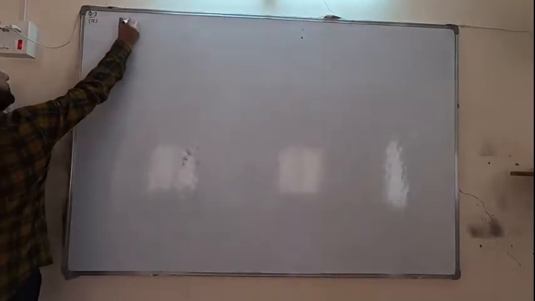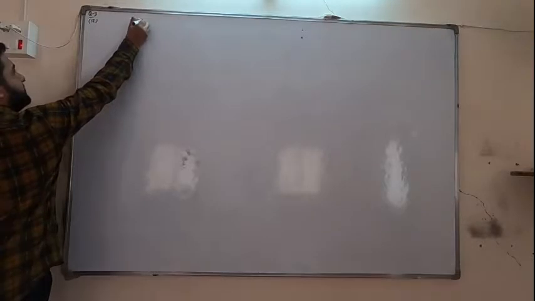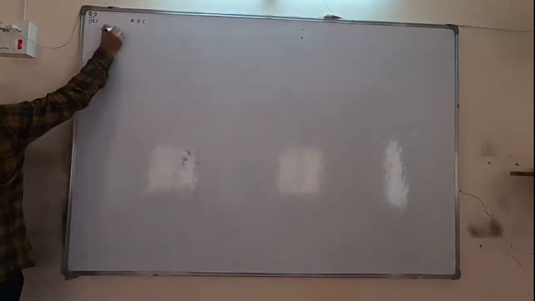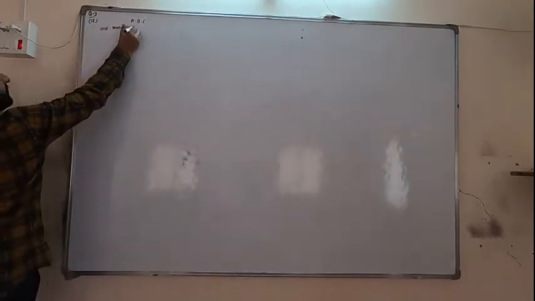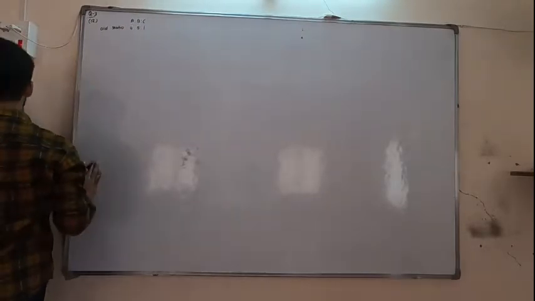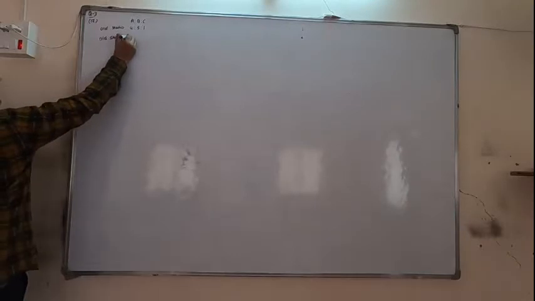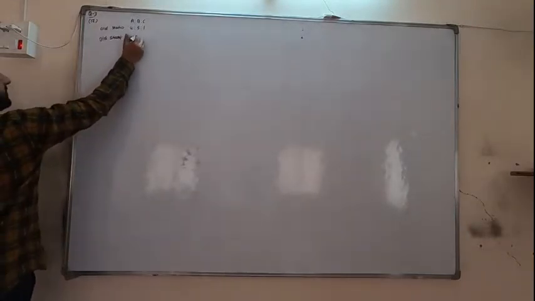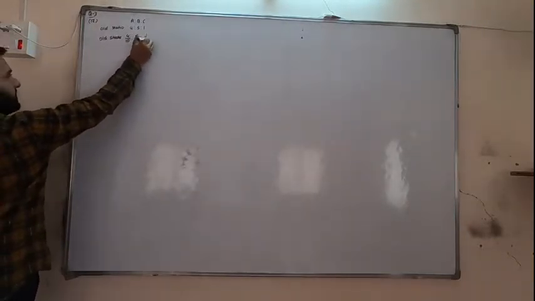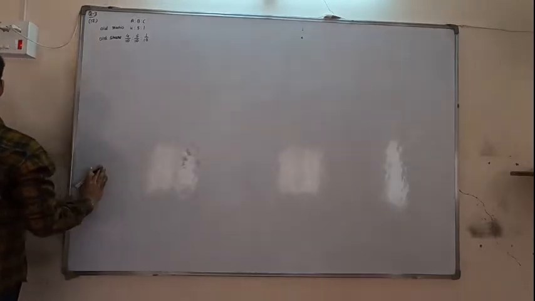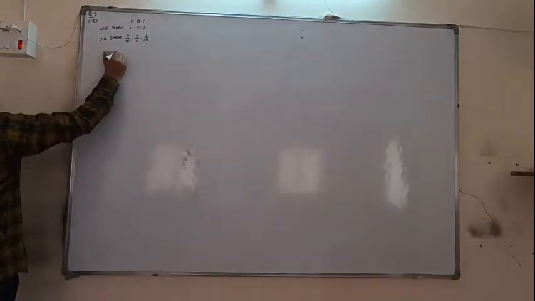Question number 12. A is to B is to C. Old ratio 4:5:1. Old share 4/10, 5/10, 1/10. B retires.